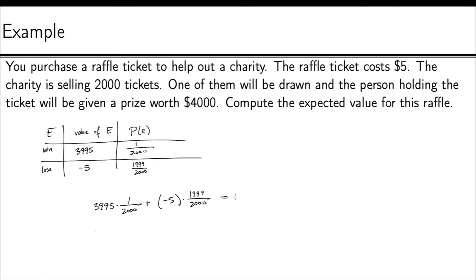And this comes out to be -3. So the expected value for you, meaning if you were to participate in a raffle such as this over and over again, in the long run, we would expect to lose on average $3 per raffle.